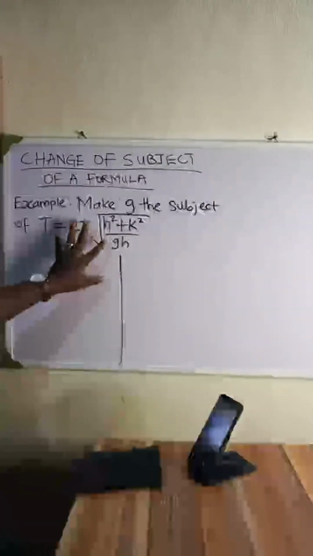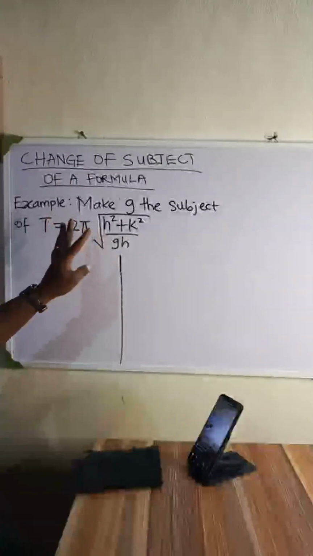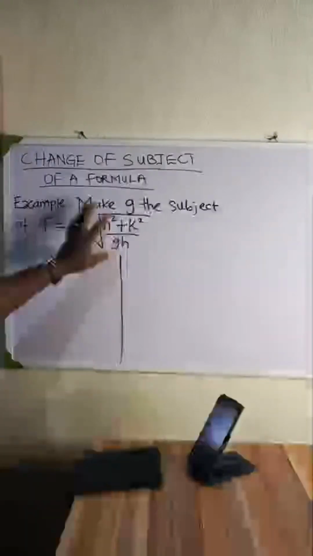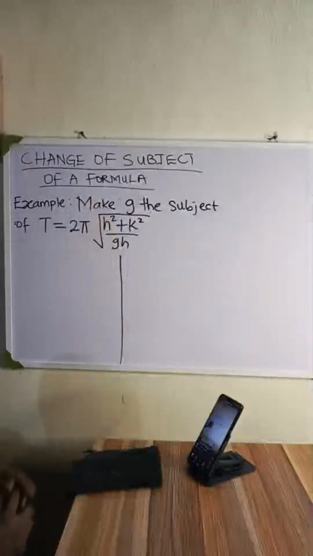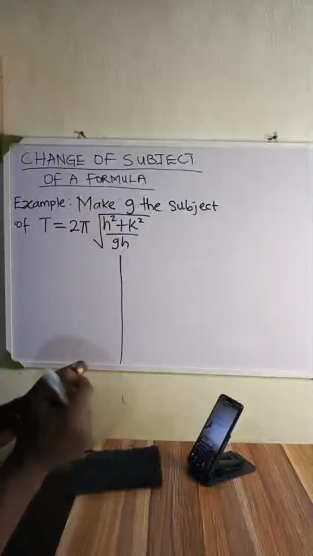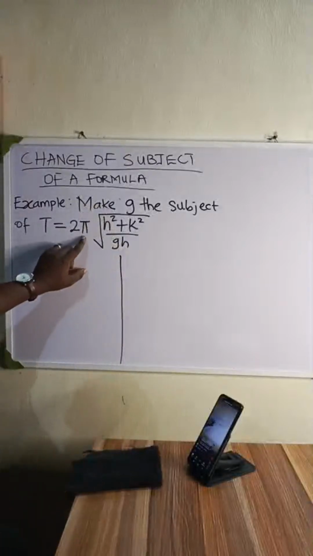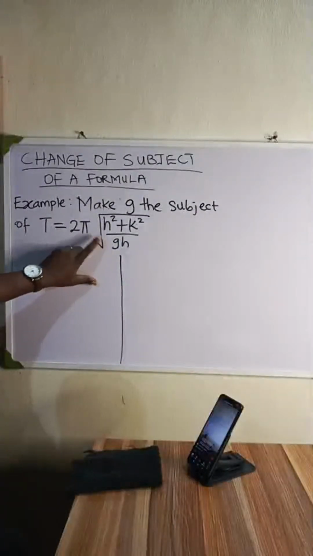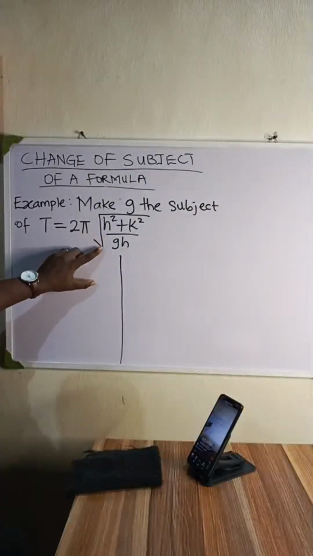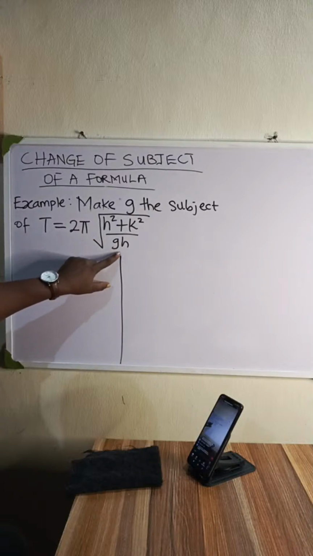Also, you don't need to flip it or mirror it because this is a little bit complex. So what you are going to do is peel off the top layers first. We have 2 pi here. For us to access G, we need to eliminate 2 pi, we need to eliminate square root, then we can access G and every other value here.